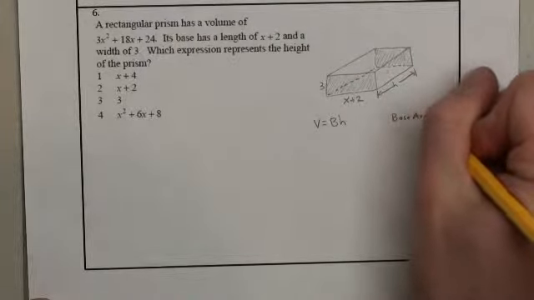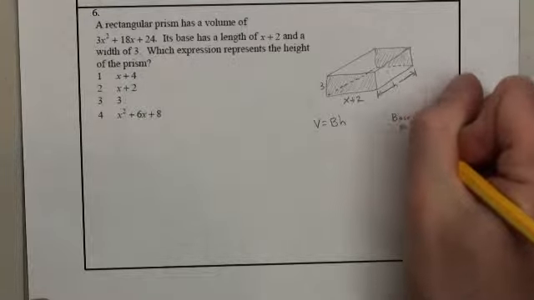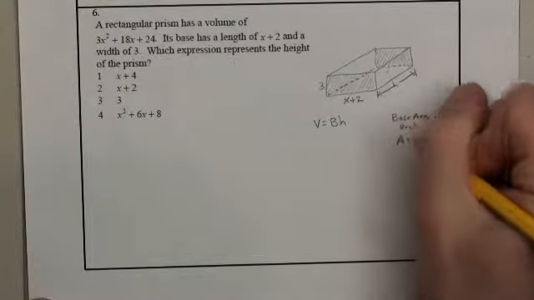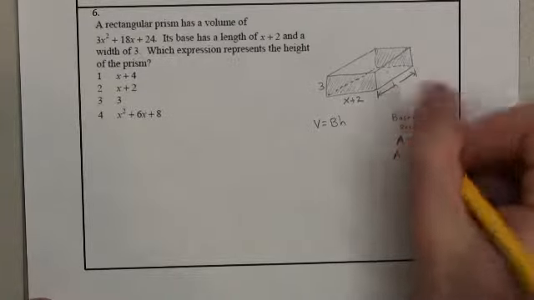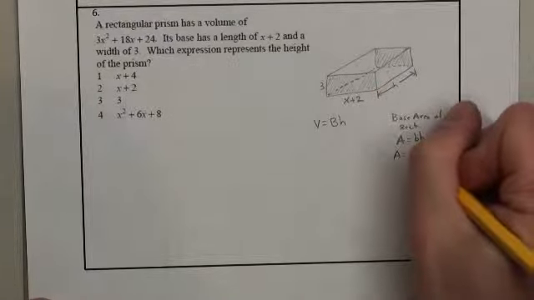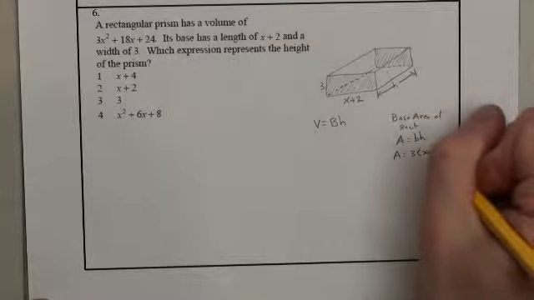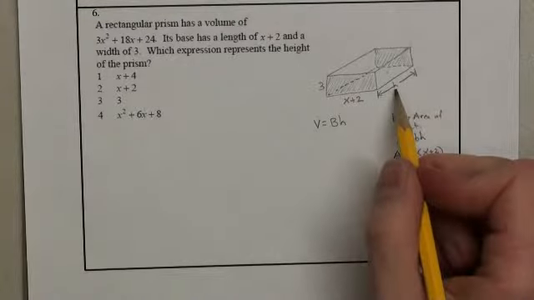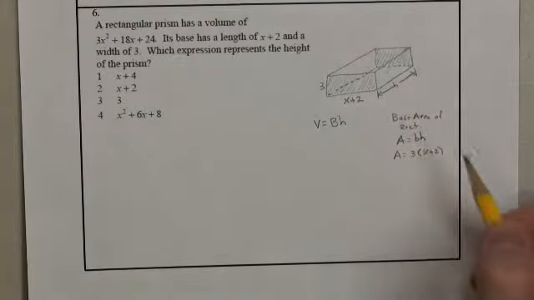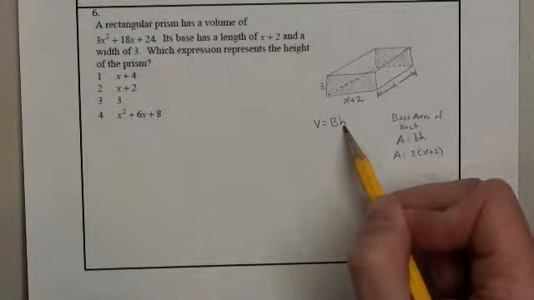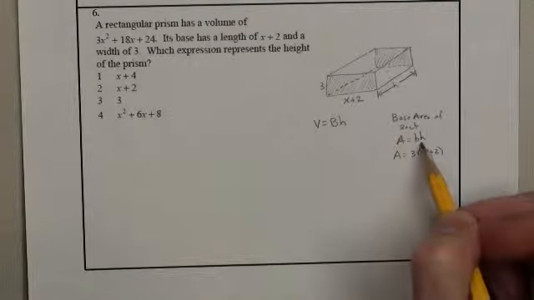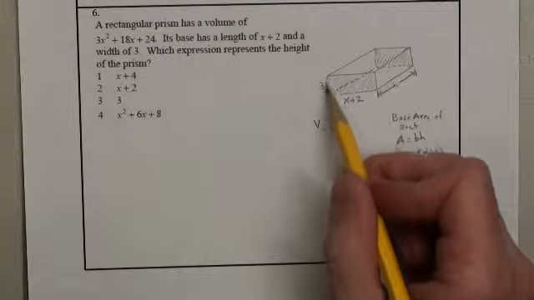So the base area of a rectangle is base times height, and in our case it's 3 times x plus 2. Again, don't confuse this h with this h. They're two different h's. This h is this h, but in this area formula this h is this width or this dimension here.